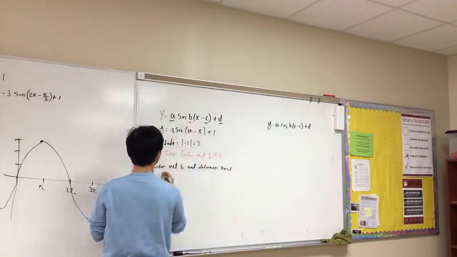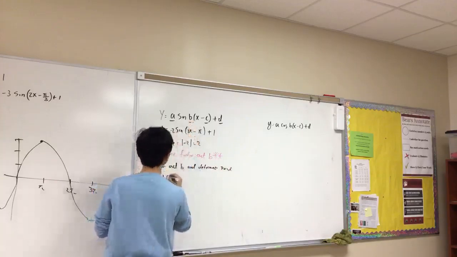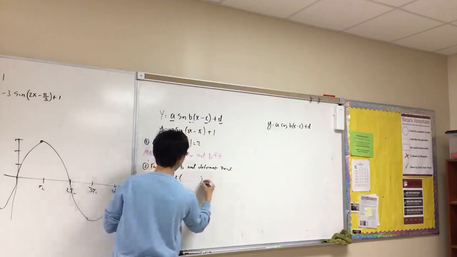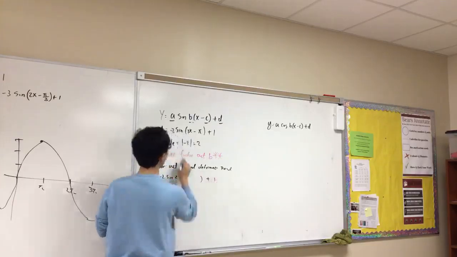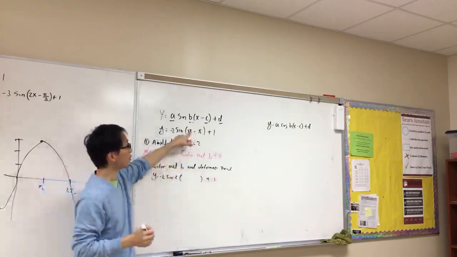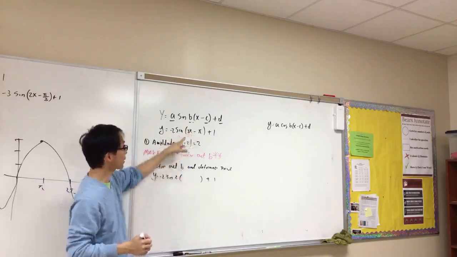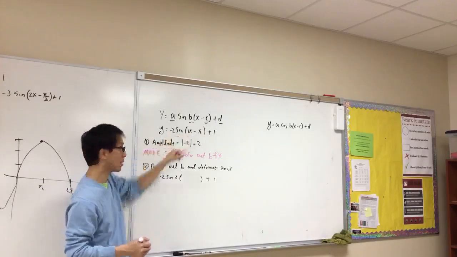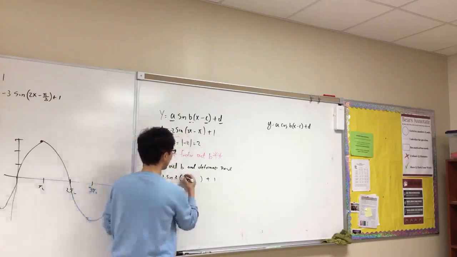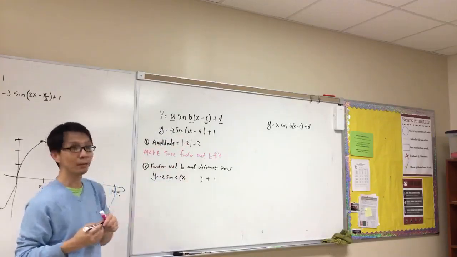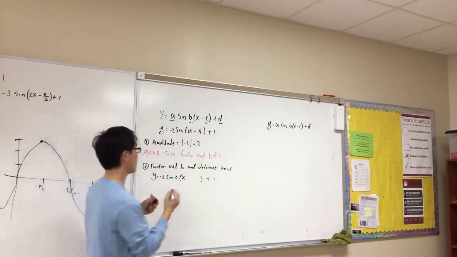So how do I do that? y is equal to -2 sine of 2, and then if I factor out B, what am I going to get inside? A lot of people have problems factoring out. When you're factoring out a 2, that means I take this value and divide it by 2. Does that make sense? 2x divided by 2 gives me x. But what is pi divided by 2? Pi over 2.